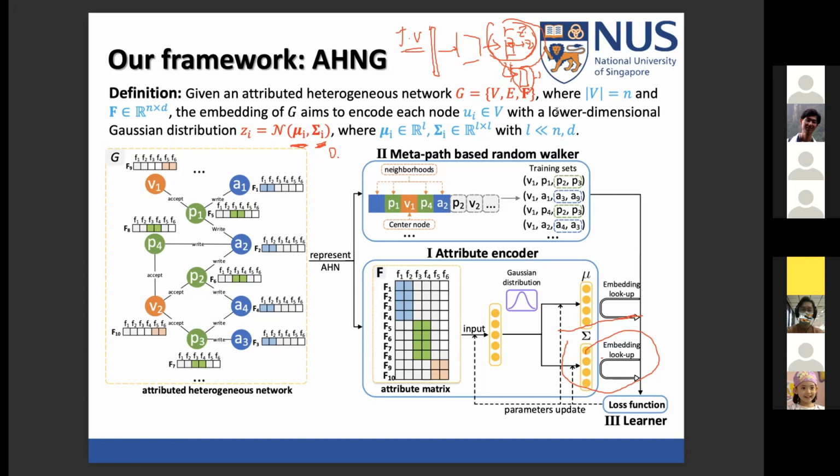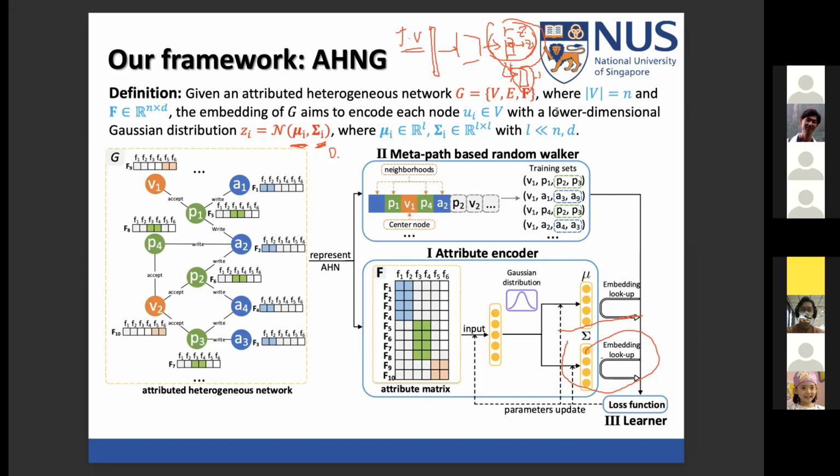Actually, you can use mu and sigma together. It depends on your own task. If you can use them both, you can just use them. But when I test the efficiency of my work, I just use mu.